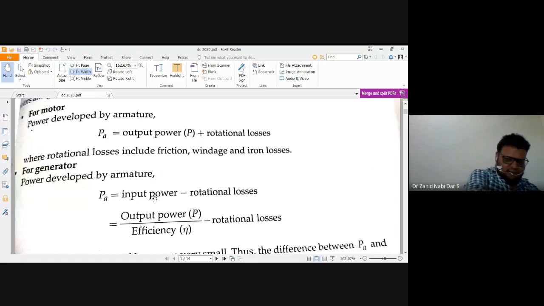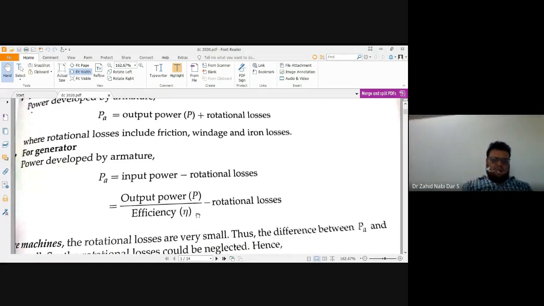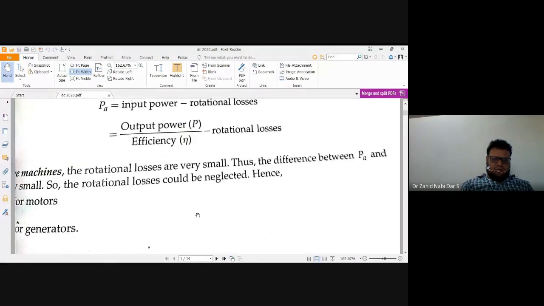So we have seen that these things are happening like that. Now for large machines, the rotational losses are comparatively small. Thus the difference between PA and P, that is, minus rotational losses, is very small.